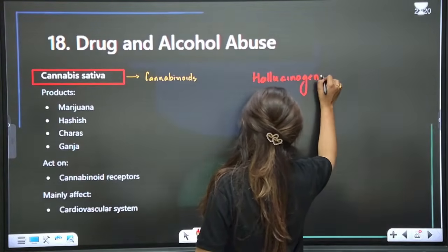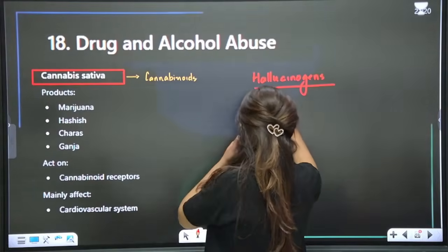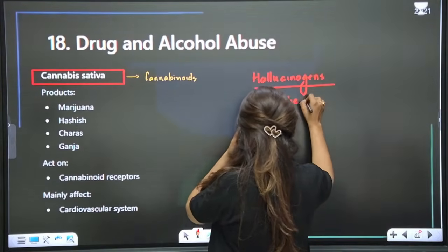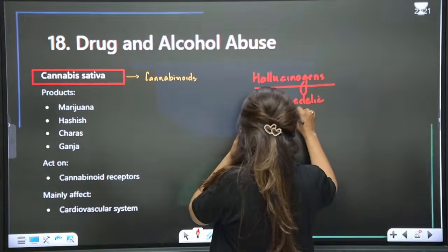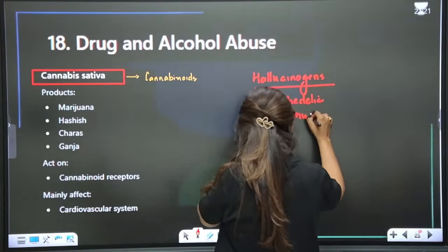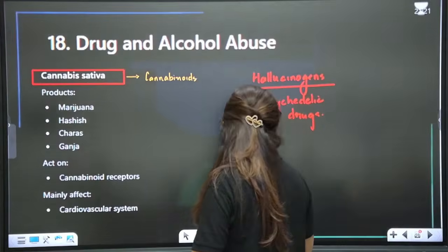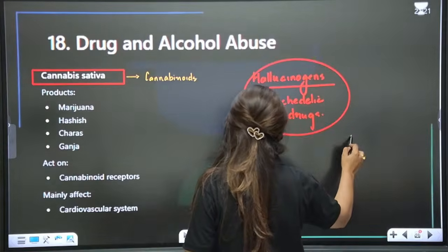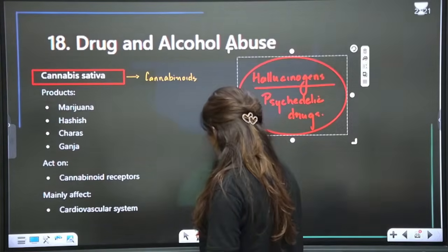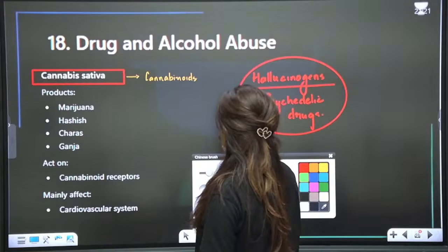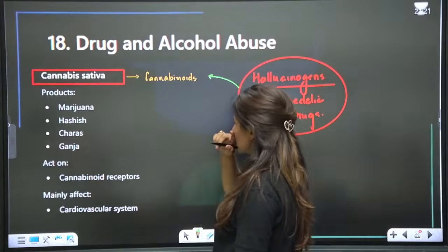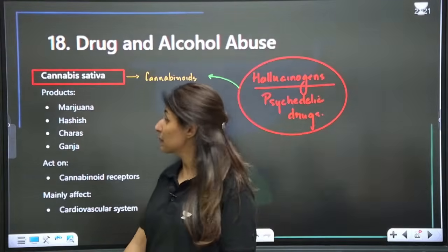We also call them psychedelic drugs. Is that clear? So the first hallucinogen we are going to discuss here is cannabinoids, and the source of cannabinoids is cannabis sativa.